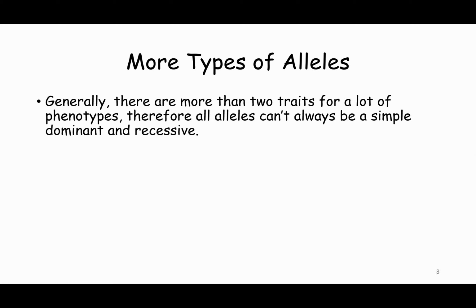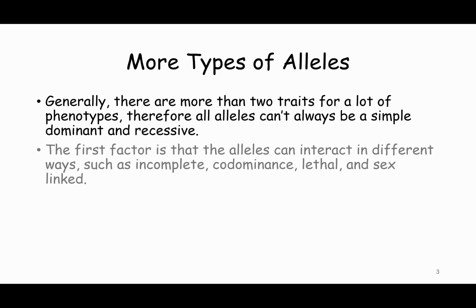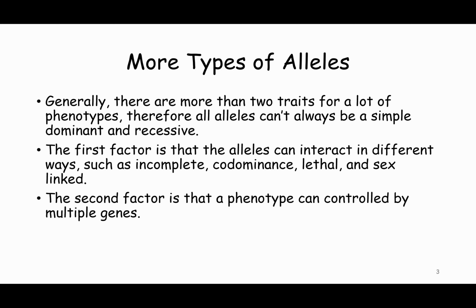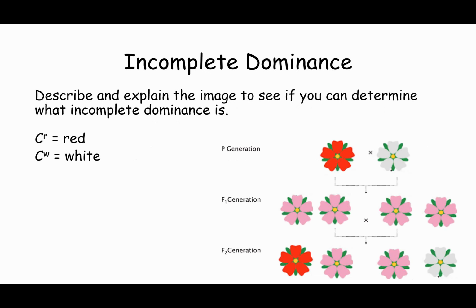On top of that, multiple genes can control one phenotype, and so you have different layers that result in the final trait. So the first factor we need to think about is different types of interactions alleles can have, such as incomplete, codominance, lethal, and sex-linked. The second thing that we need to factor in is multiple genes controlling that phenotype.